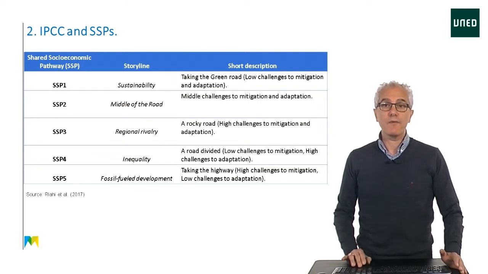SSP3 is a regionalization scenario, where international cooperation loses strength with slow economic development and population growth, higher inequality, and also low concerns on climate action.